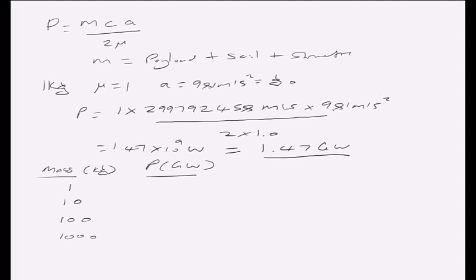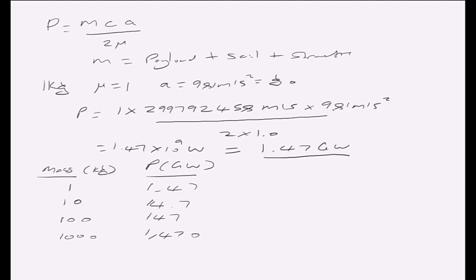For the 1 kilogram sail, as we know, this comes out as 1.47. For a 10 kilogram sail, we've got 14.7 gigawatts. For 100 kilograms, 147 gigawatts. And then for 1000, we've got 1470 gigawatts.